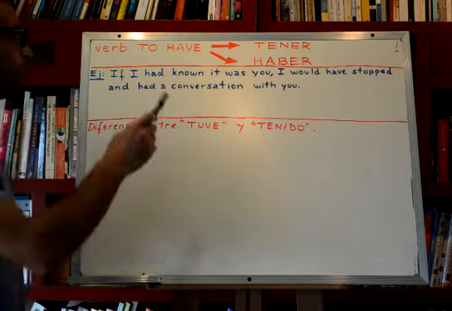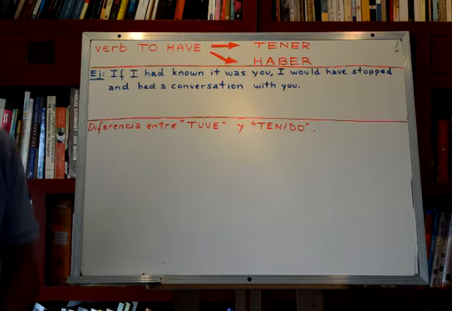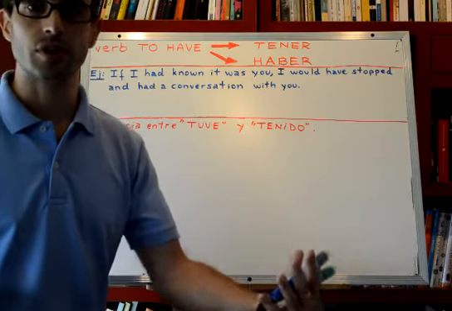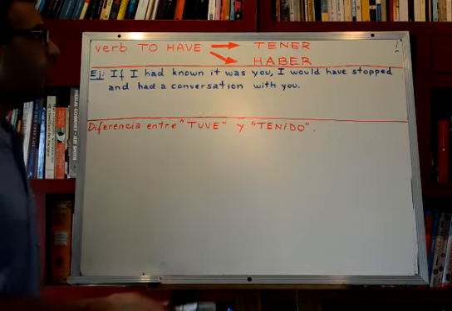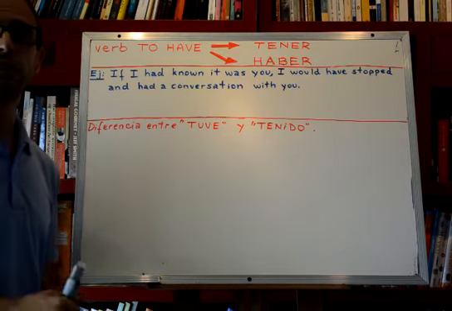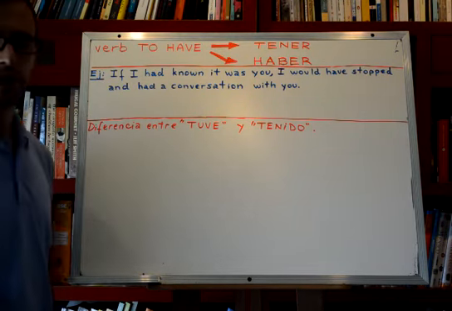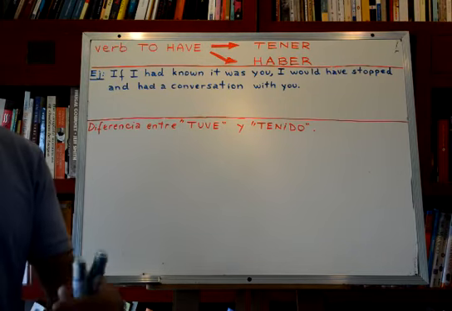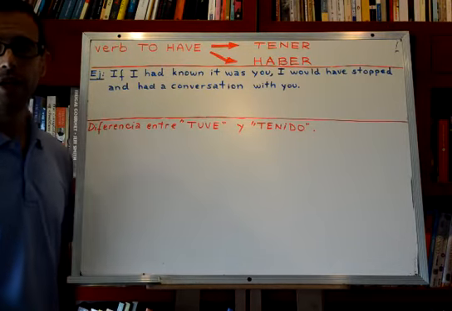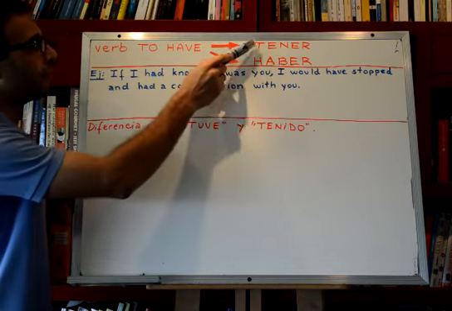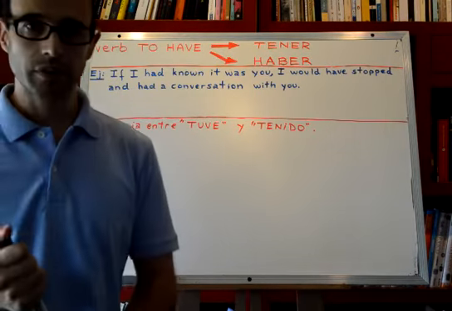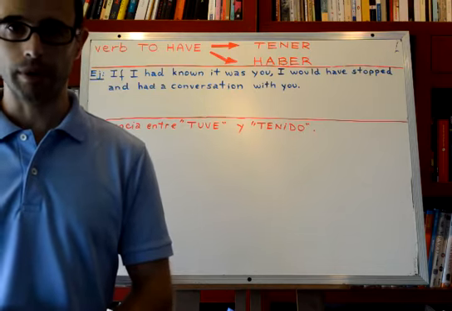So, the English verb to have, depending on whether it implies possession, or whether it implies an auxiliary verb for conjugation tenses, will translate either as the verb tener or the verb haber. So this is what today's lesson will be about.